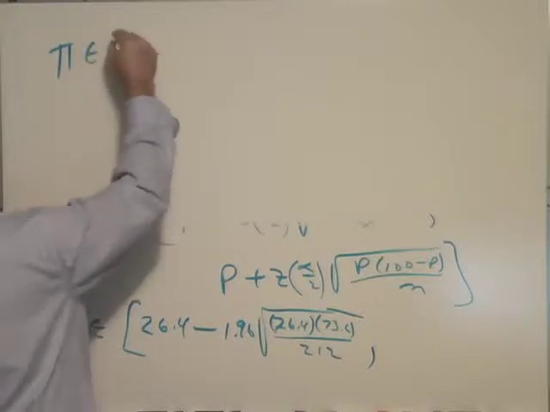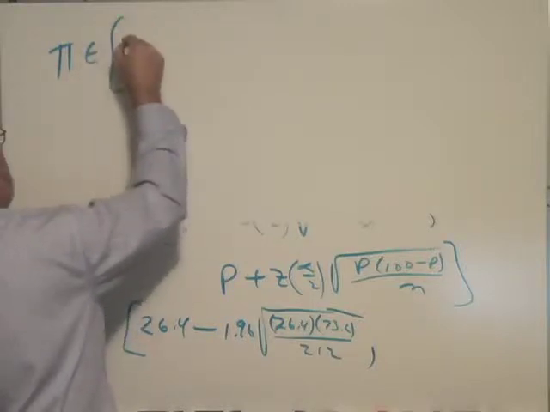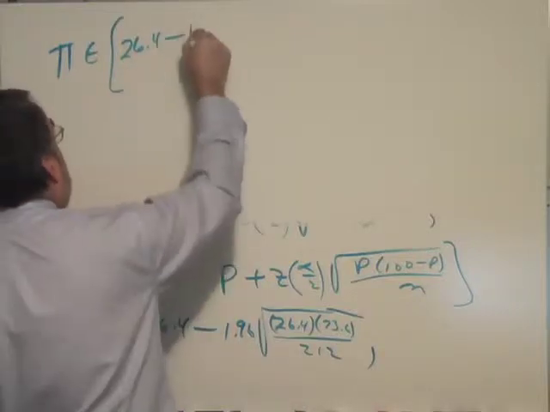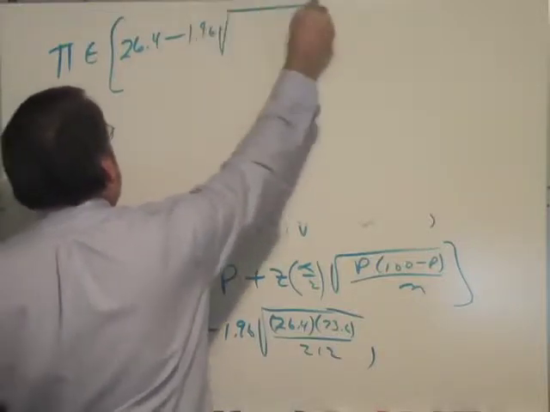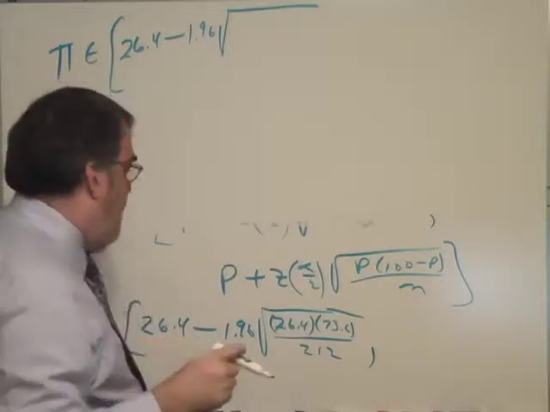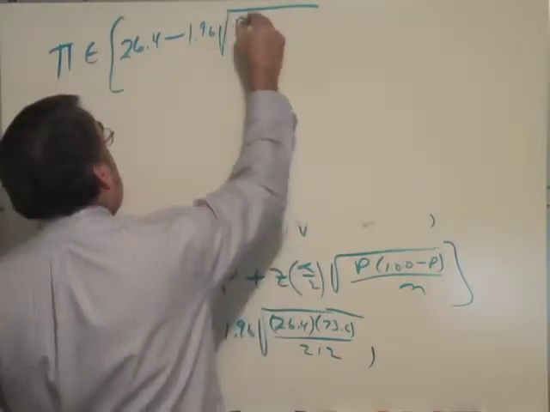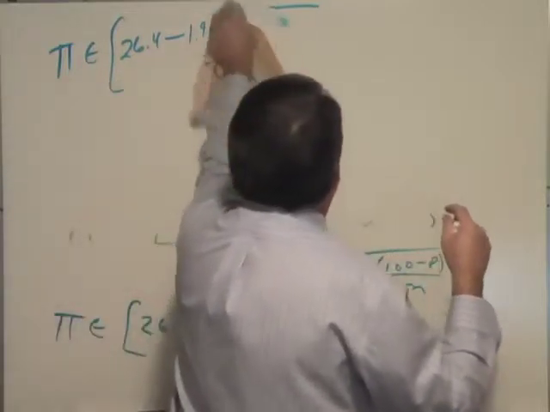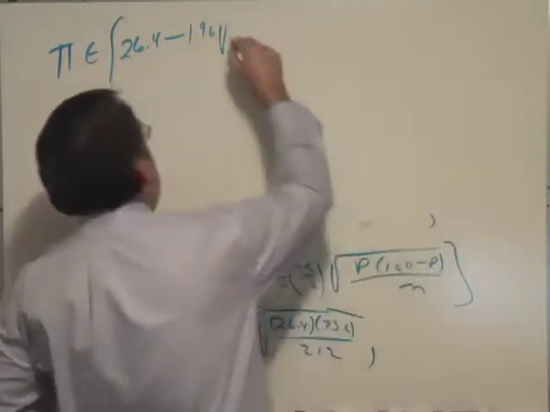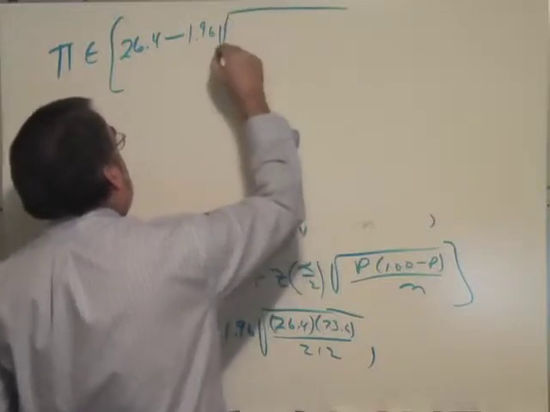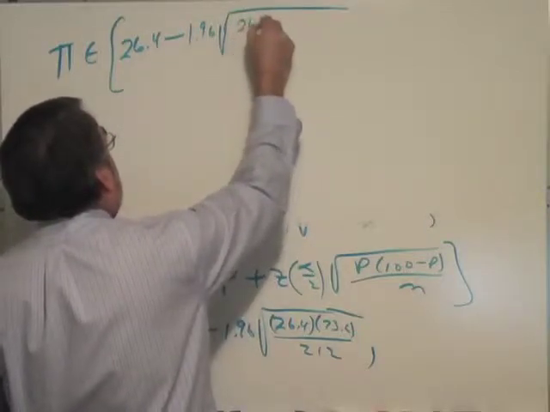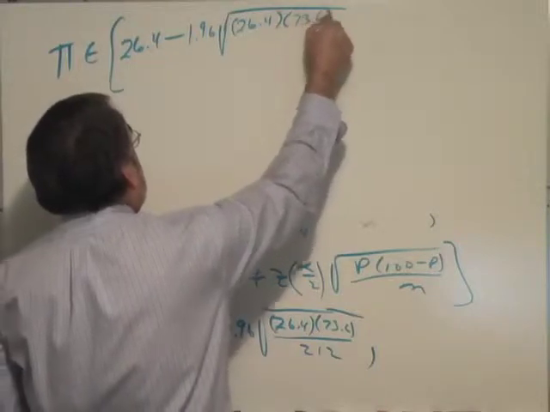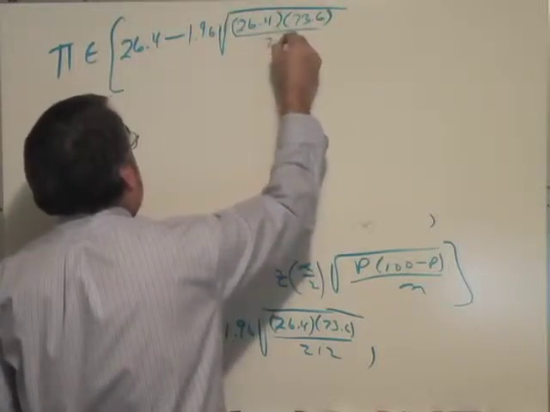Pi belongs to 26.4 minus 1.96 times the square root of 26.4 times 73.6 divided by 212.